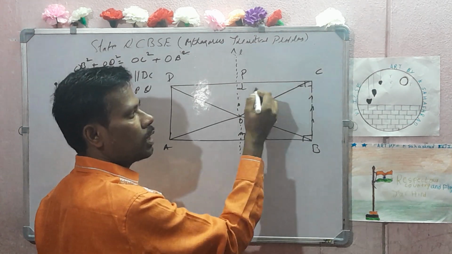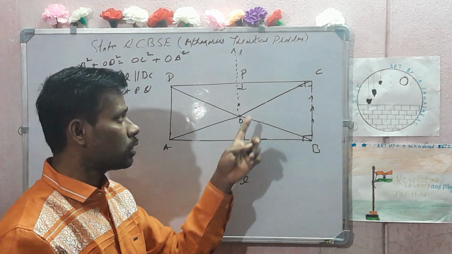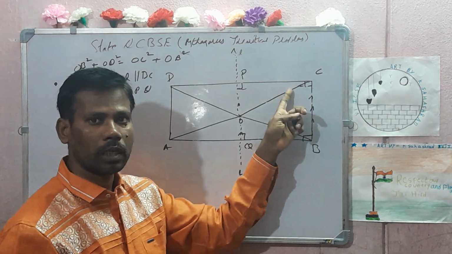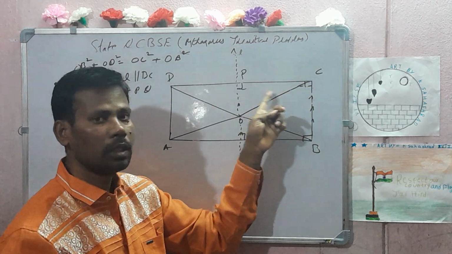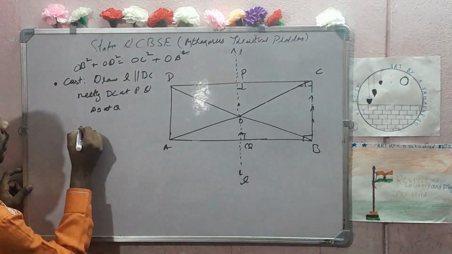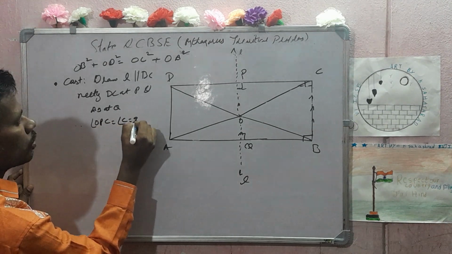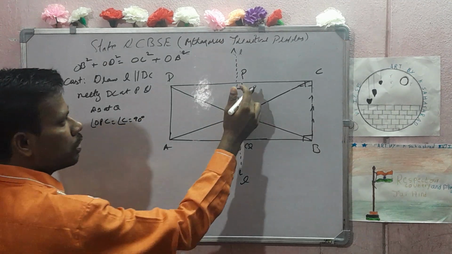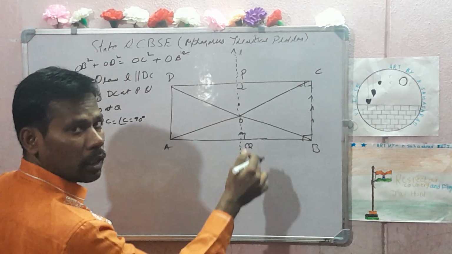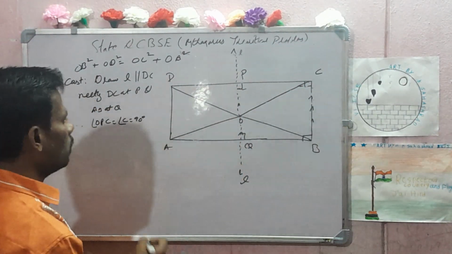So angle OPC is equal to angle C. Both are equal to 90. Why? Because the sum of interior angles lying on the same side of the transversal is 180.